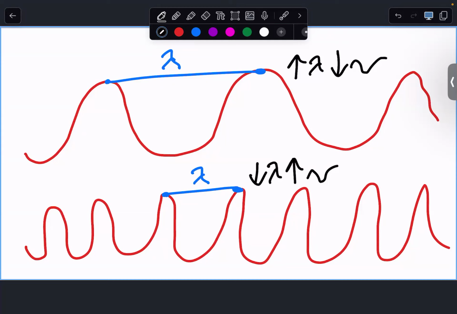If wavelength is low, frequency is high. And frequency and energy have a direct correlation. If frequency is low, energy is low. If frequency is high, energy is high. So this is very energetic because it has a high frequency. This is low energy because it has low frequency and a large wavelength.